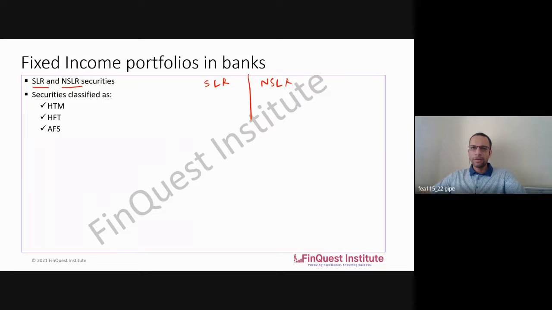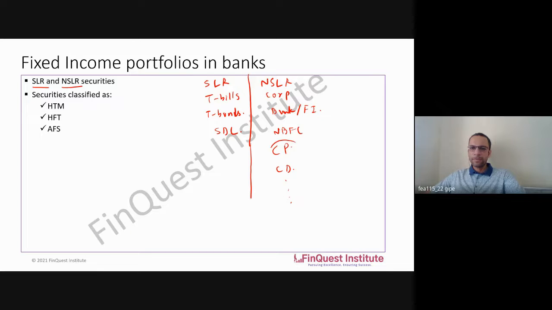But just to do a quick recap, T-bills, T-bonds, SDLs, etc. Whereas non-SLR could be corporate bonds, bank or financial institution bonds, NBFCs. You could have commercial paper, you could have certificates of deposits, etc.